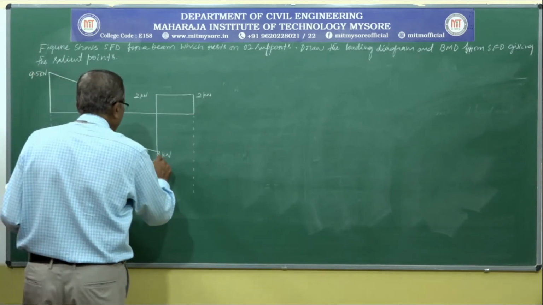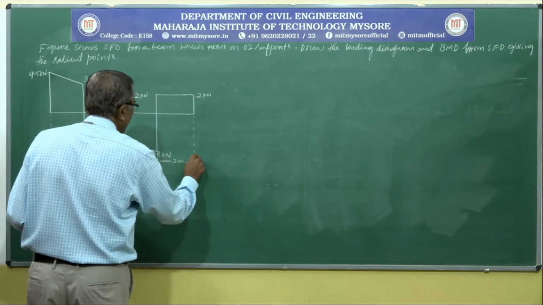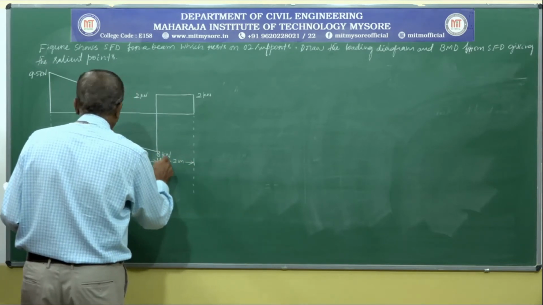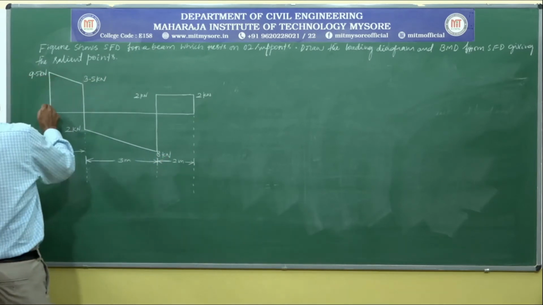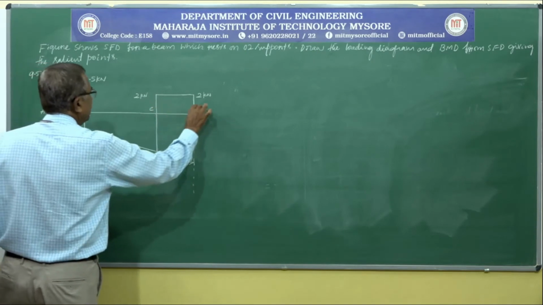Then the last span is again 2 meter. Of course, the salient points are also given A, B, C, D.